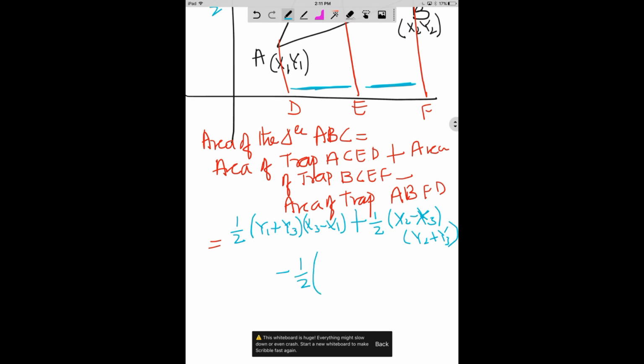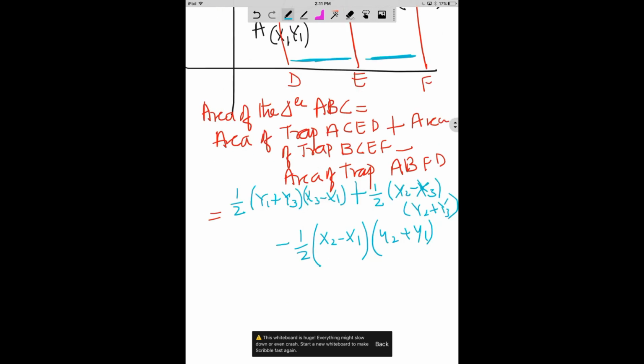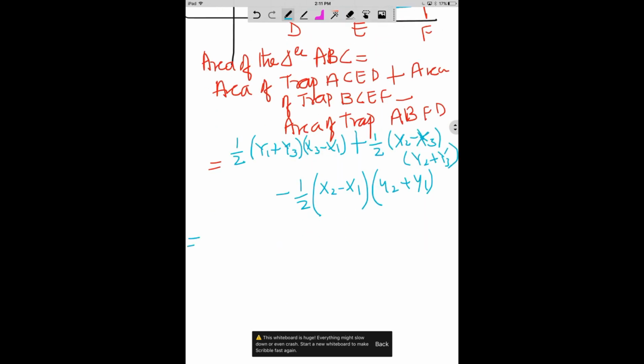H is the distance between the parallel sides, x2 minus x1, times the sum of the parallel sides, y1 plus y2. Now half is the common factor.